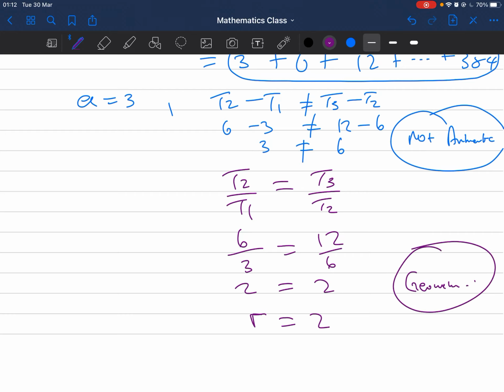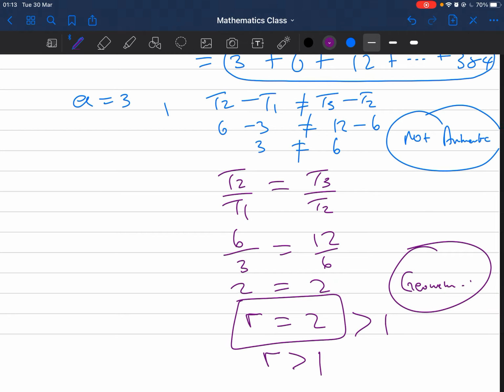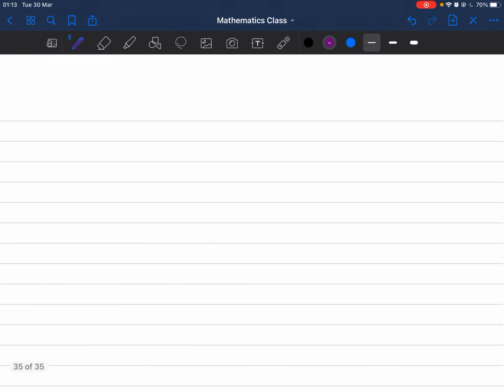And remember, with geometric, there are 2 formulas that you're going to use. They're all dependent on r. Please check our previous videos where we discussed this. So our r here is greater than 1. 2 is greater than 1, right? So if r is greater than 1, which formula are we going to use? If you don't know, please check our previous video on which formula you're going to use.